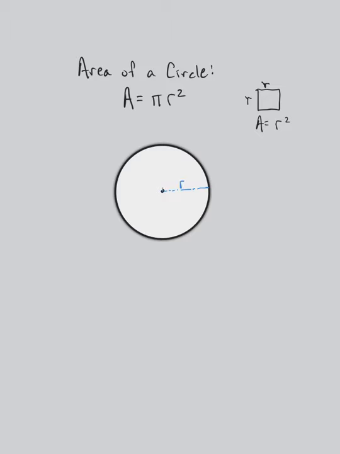So I could draw a square right here, okay, and notice that right here is R. So the area of this blue region right here is R squared. Okay, so that area right there of the blue region is R squared. All right, and if you think about it, I could draw 4 of those.